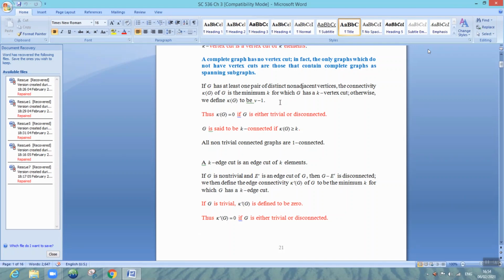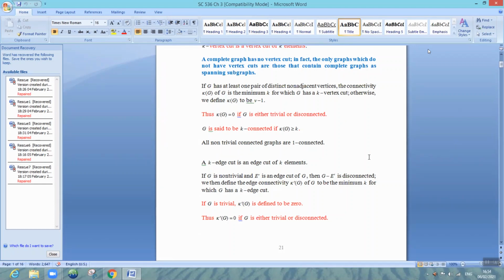So if the minimum number of vertices you have to remove is k, then we say that the vertex connectivity κ(G) is k. Now, if κ(G) is 0, that means the minimum number of vertices you have to remove is 0, so the graph should be a trivial graph, or a null graph with no edges. It's a disconnected one.